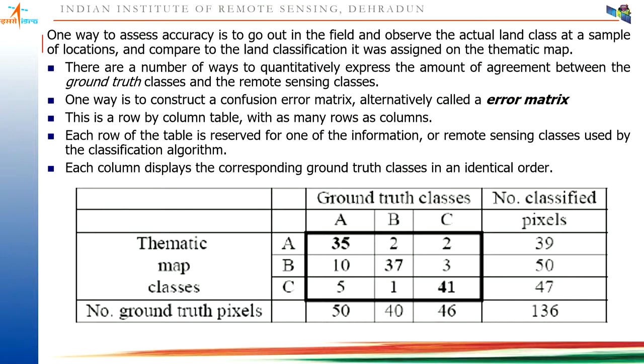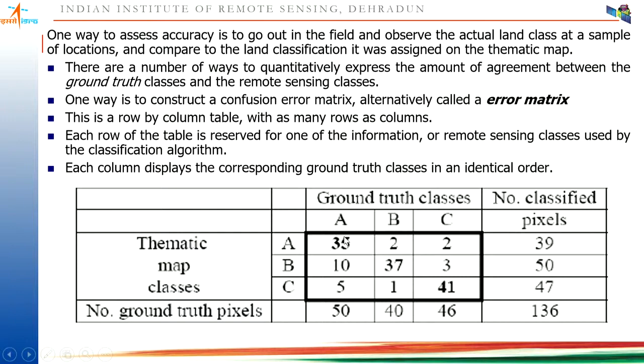Out of 136 sample points, for 35 points, the thematic map as well as the ground truth are both category A. So I have put 35 here.